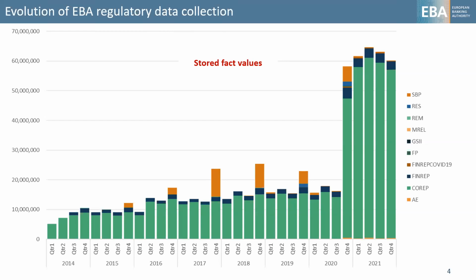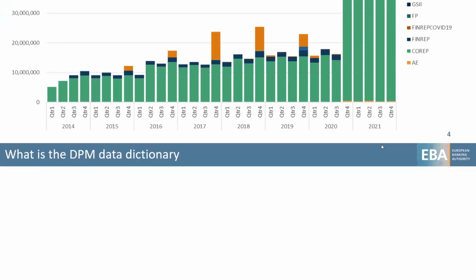So as you can see, until 2020, the growth rate has been more or less proportional to the increase of data points until we reached December 2020, and the sharp increase in data is actually related to the fact that we started collecting from whole banks instead of just the much smaller sample of large banks. So on the next slide, please.